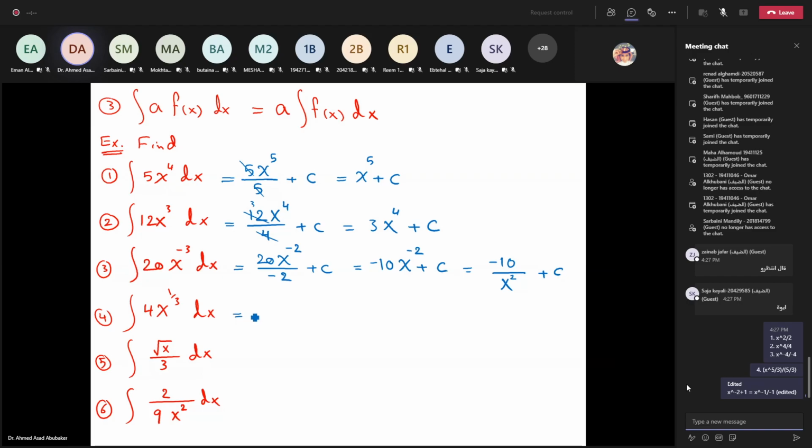Number 4: this equals 4x to the power 4 over 3 over 4 over 3 plus c. Remove 4 with 4, we have 1. So we have 3x to the power 4 over 3 plus c.